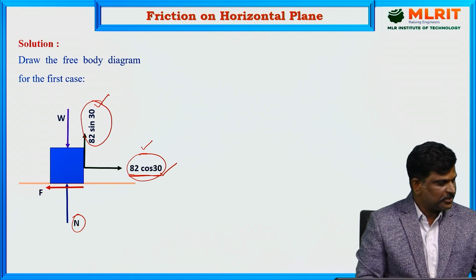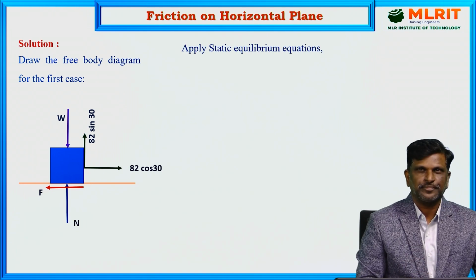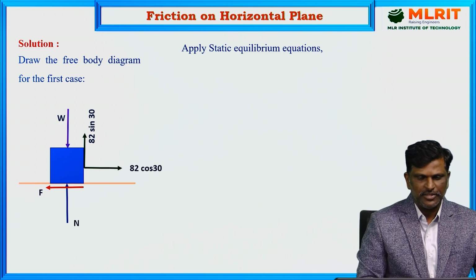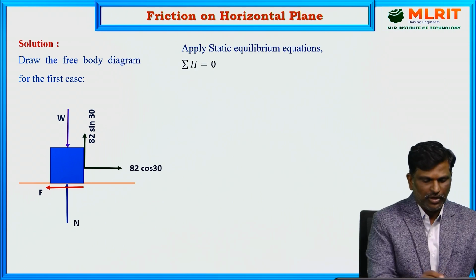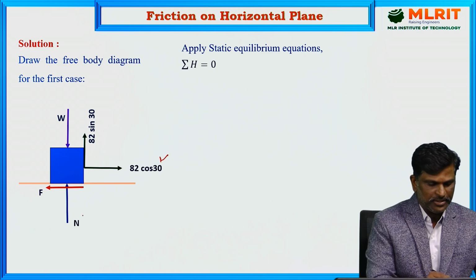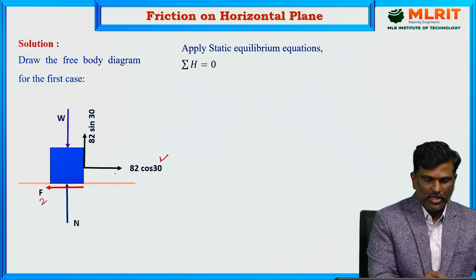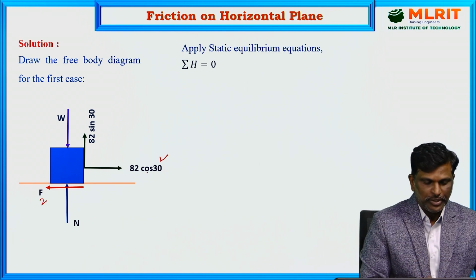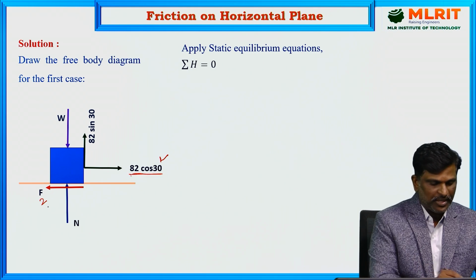Now, apply the static equilibrium equations. Sigma H is equal to 0: the sum of all horizontal forces equals 0. Here we have only two horizontal forces: the horizontal component of 82 newtons, that is 82 cos 30, and friction.